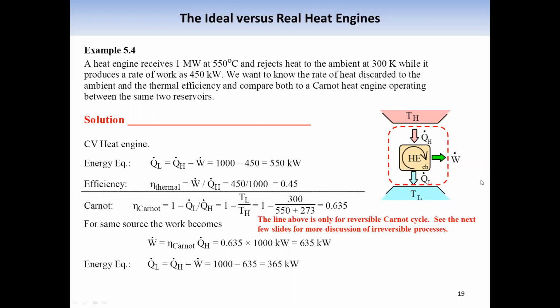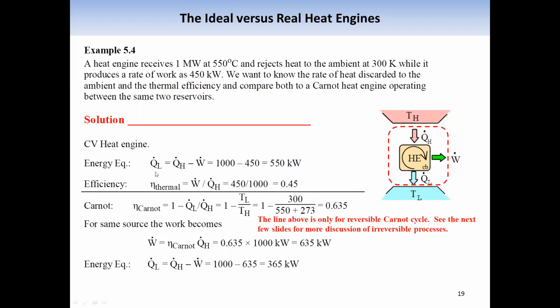In order to answer the question of the first area, the heat engine is assumed to be an irreversible heat engine, and the heat rejected to the environment can be estimated based on the first law.